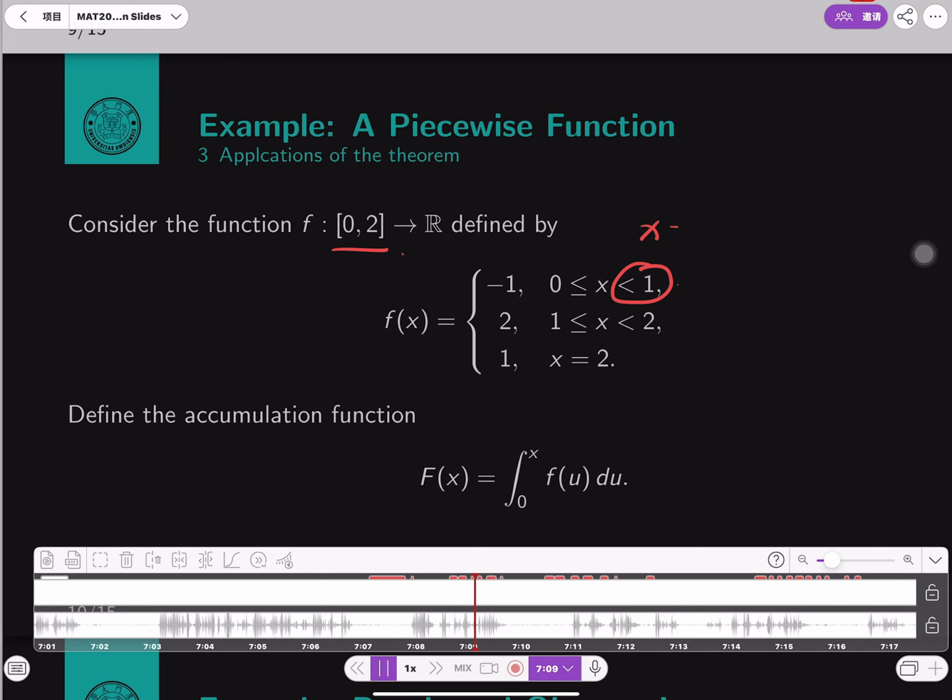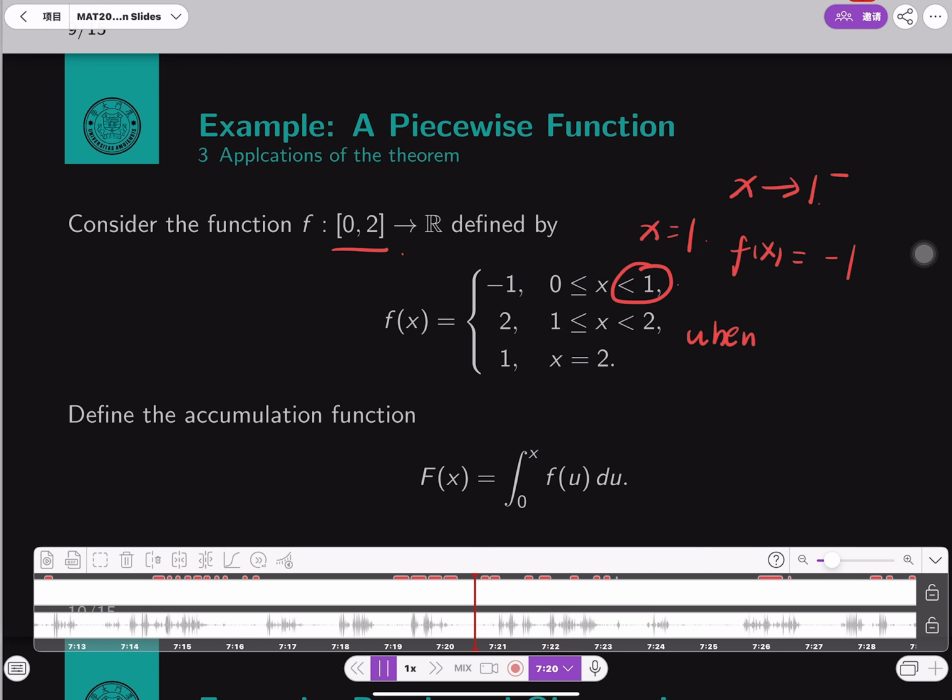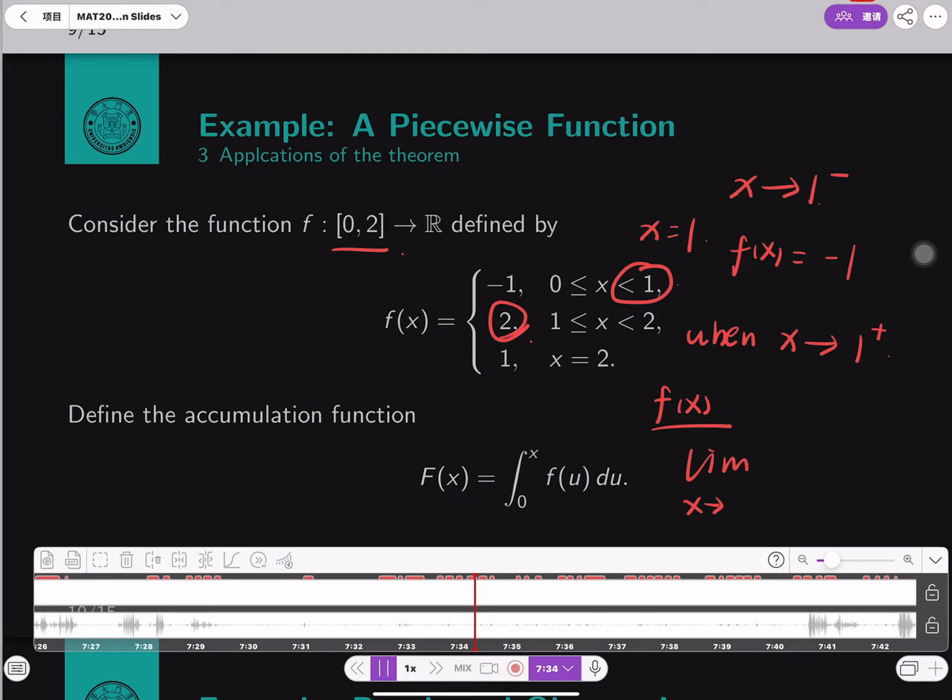When x gets close to 1 from the left, f(x) equals negative 1. But when x gets close to 1 from the right, it equals 2. They are not equal.